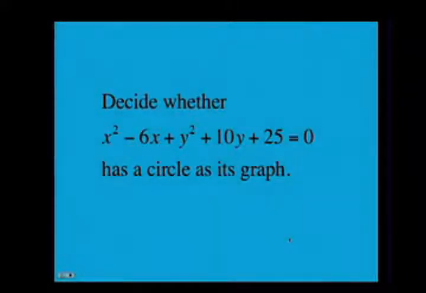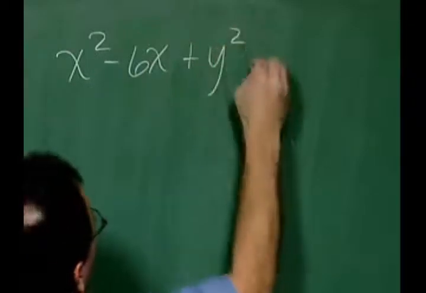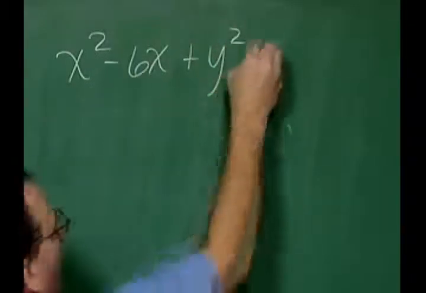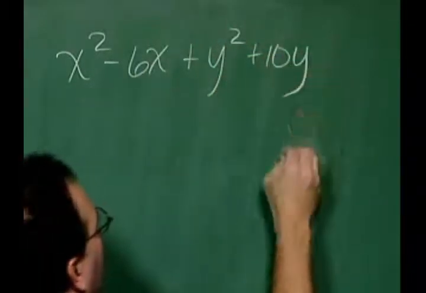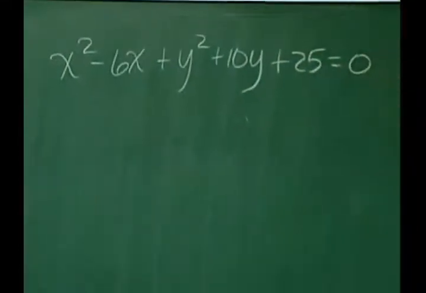All right, so let's go to the chalkboard, and we will write out that original equation of x squared minus 6x plus y squared plus 10y plus 25 equals 0.